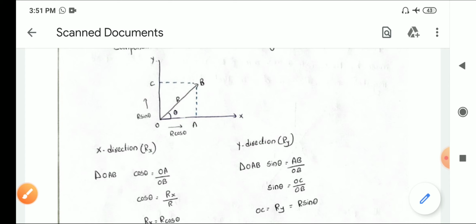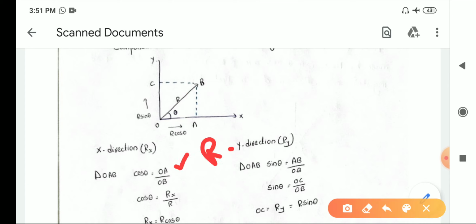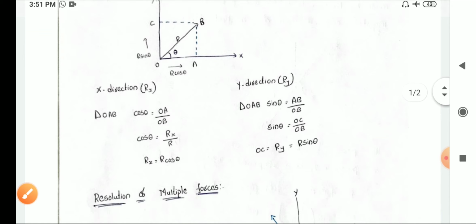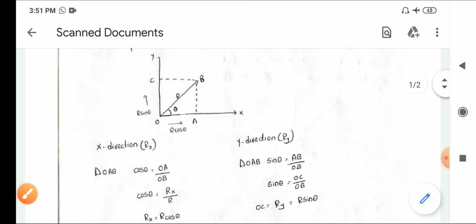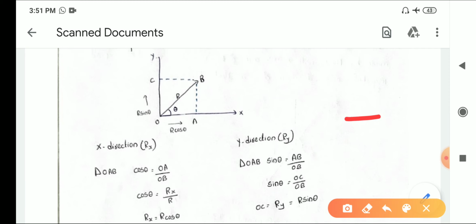Now OA is equal to Rx. OB we all know, that is R force. So cos theta becomes Rx by R. So the component of R in x direction is R cos theta.